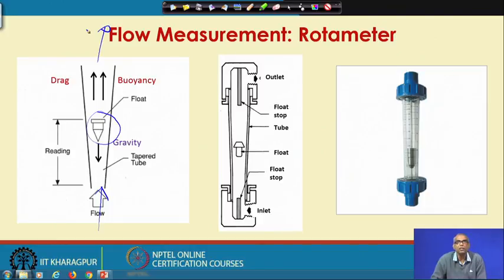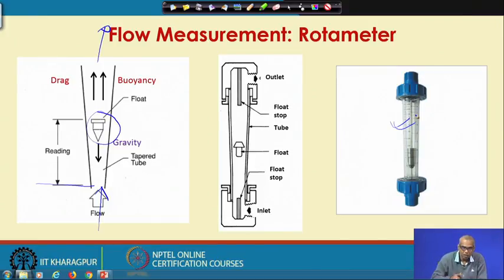The forces that are acting on the float are drag and buoyancy, which are acting in upward direction, and the gravity force works in the downward direction. So, the reading of the rotameter is the equilibrium position of the float from this reference point. So, there will be a scale graduated on the glass tube of the rotameter.